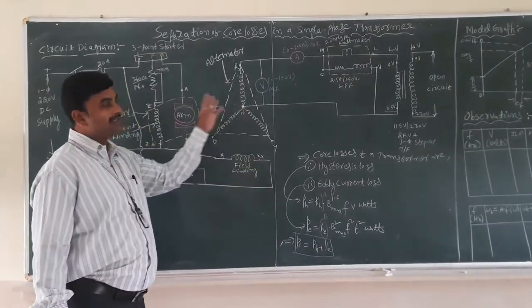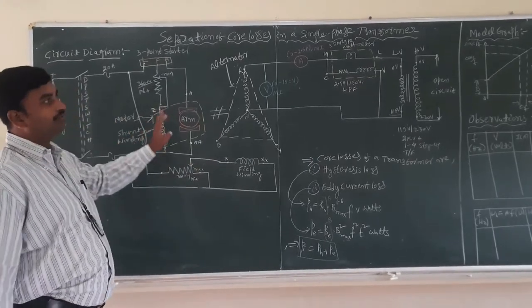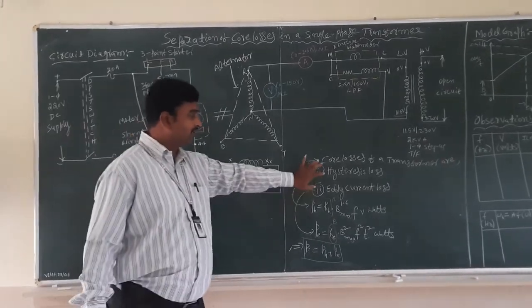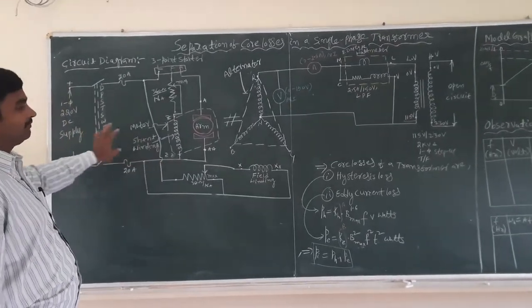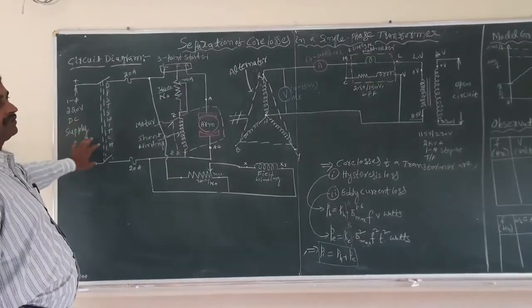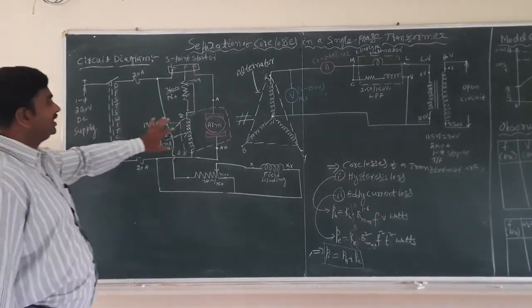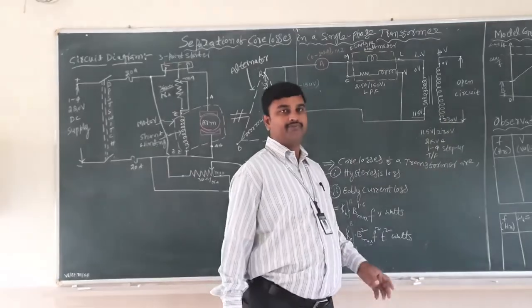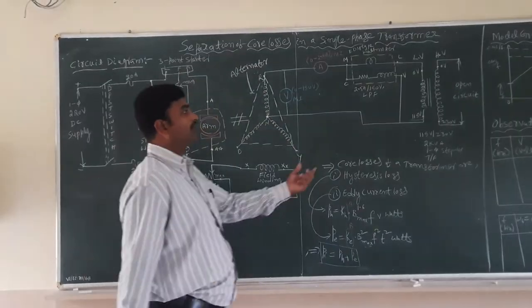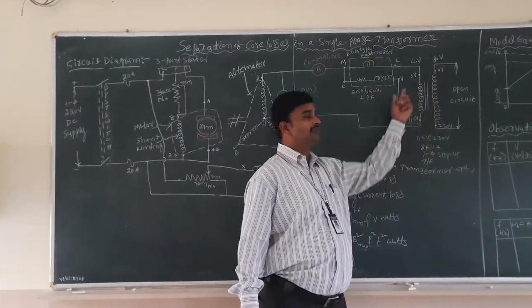Now let us see the practical circuit we use for measuring these losses. This is the circuit arrangement we made for this purpose. It consists of a DC motor, an alternator and a single phase transformer. Here we want to measure the losses in this transformer.